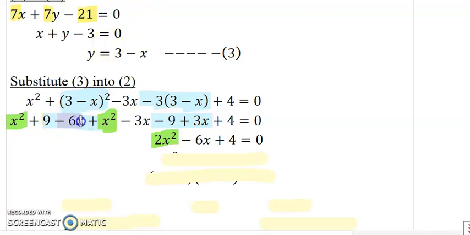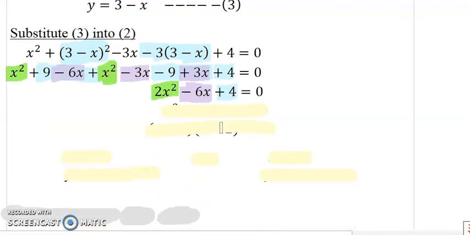For the x term, negative 6x, negative 3x plus 3x, we have negative 6x. Lastly, the constant: 9 minus 9 plus 4, so we have plus 4.